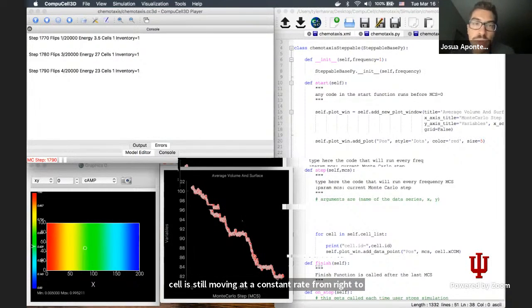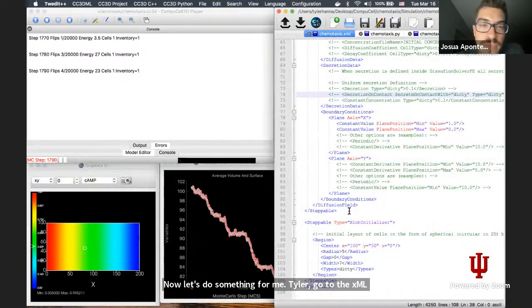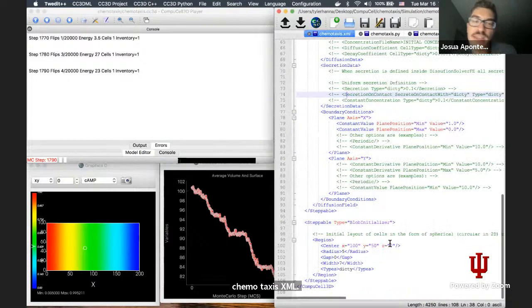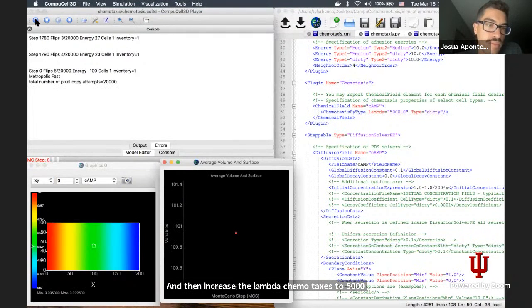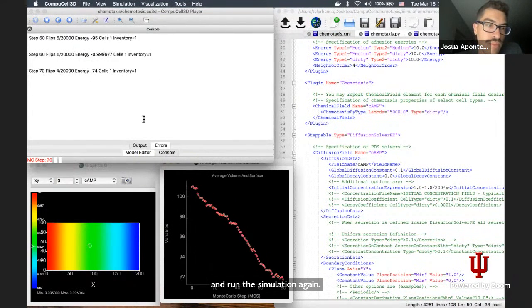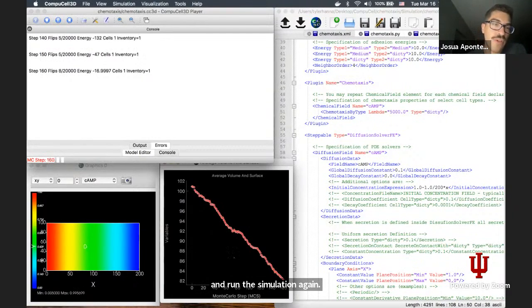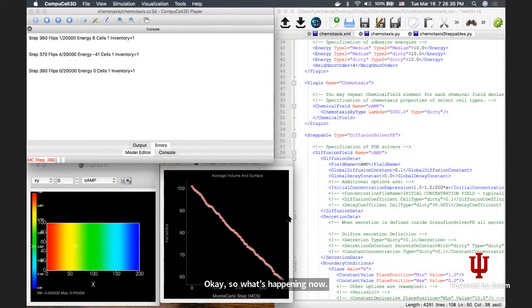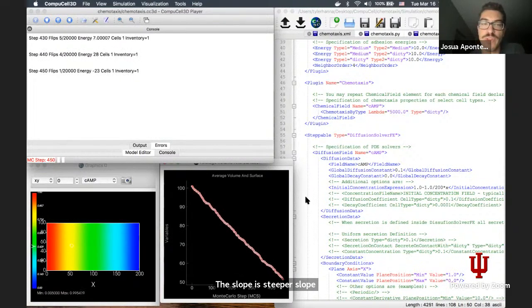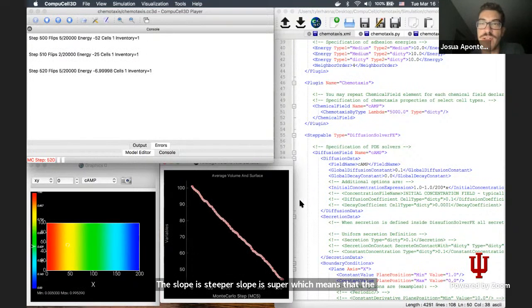Now let's do something for me, Tyler. Go to the chemotaxis XML, and then increase the lambda chemotaxis to 5,000. And run the simulation again. Okay, so what's happening now? The slope is steeper, which means that the cell is moving faster, right?